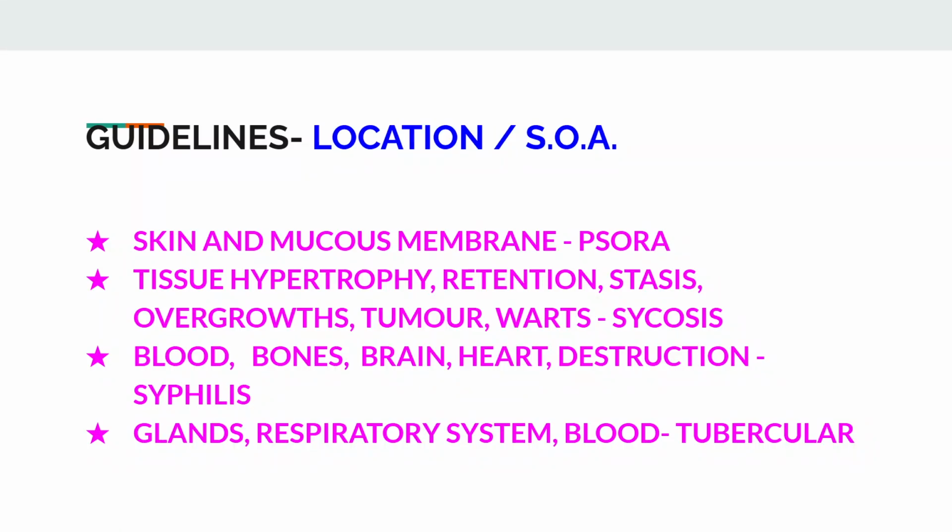Another guideline to understand the miasm is by location, also called the sphere of action. So, if skin and mucous membrane are affected, it indicates psoric miasm grossly. Again, just affection of skin does not correlate only with psoric miasm. We have to study the pathology also.